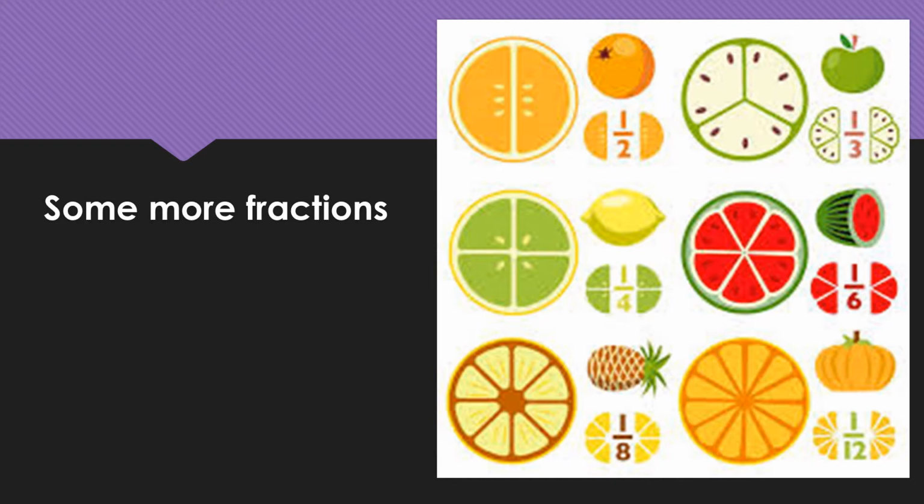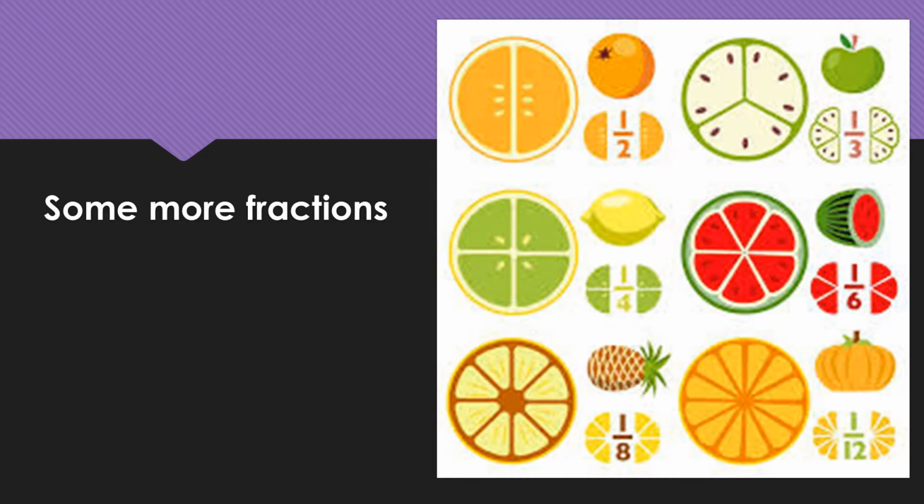The pineapple has been cut into 8 equal parts. Thus, each piece of the pineapple is a fraction of 1/8. That is, one piece out of 8 equal parts. The apple has been cut into 3 equal portions. So we say each piece is 1/3.